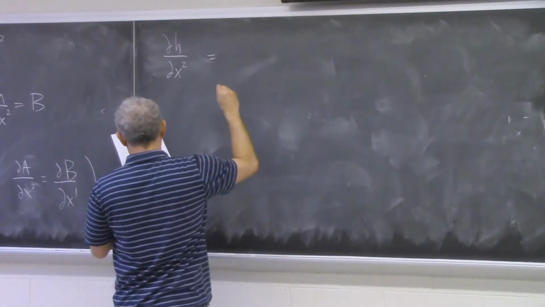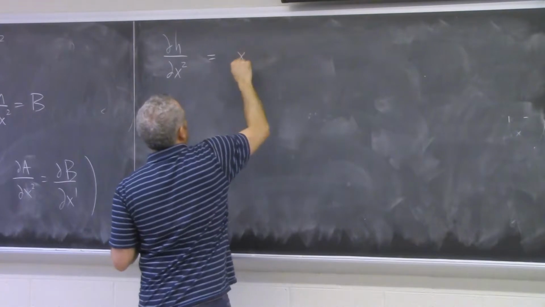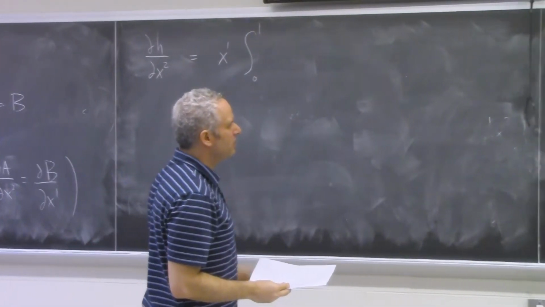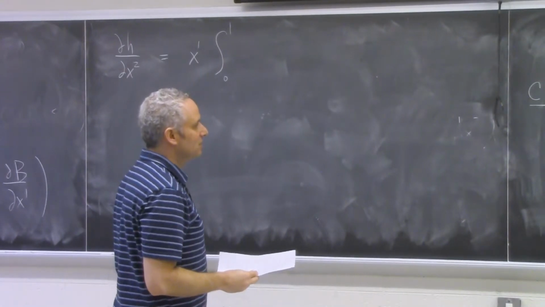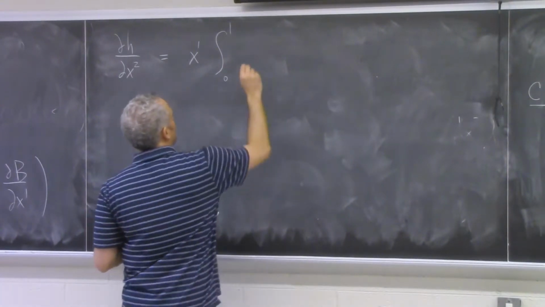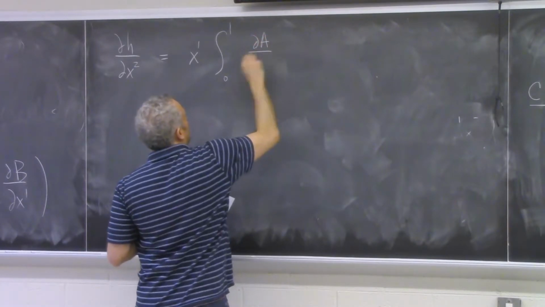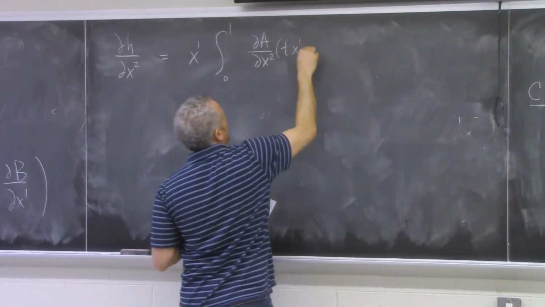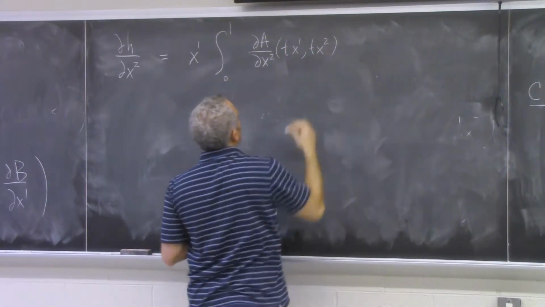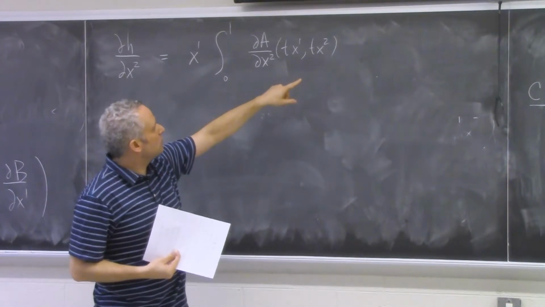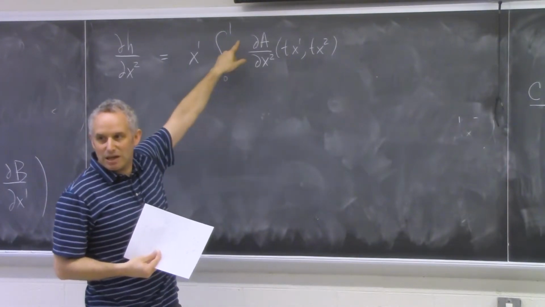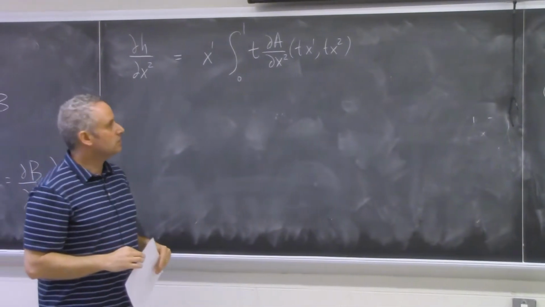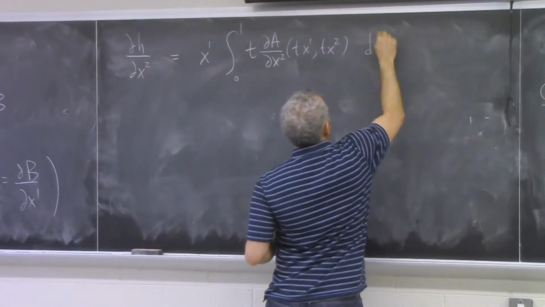It's equal to, we have x1 on the outside, the integral from 0 to 1, and when we take the partial derivative of the integrand with respect to x2, we get the partial derivative of a with respect to its second argument, evaluated at tx1, tx2. And we're taking the partial derivative with respect to x2, so a t comes out. And then we integrate, so dt.